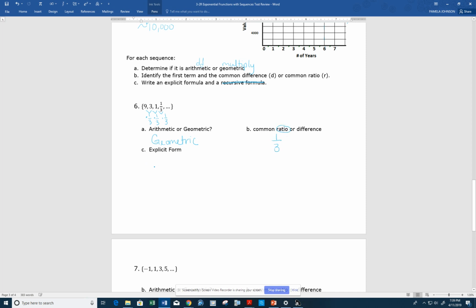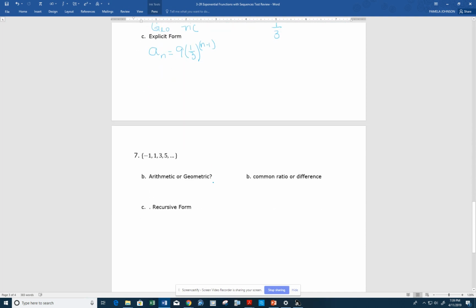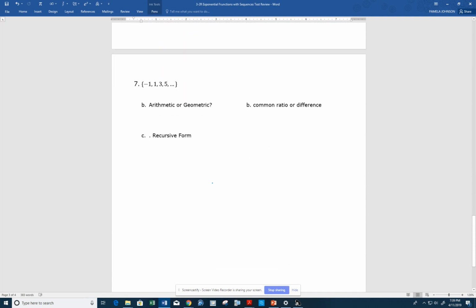And the explicit form that we're going to use is a sub n equals 9 times 1/3 to the n minus 1 power. And then when we go look at number 7, the last problem on our review, we have -1, 1, 3, 5.